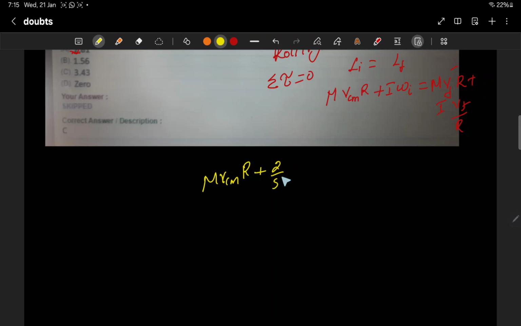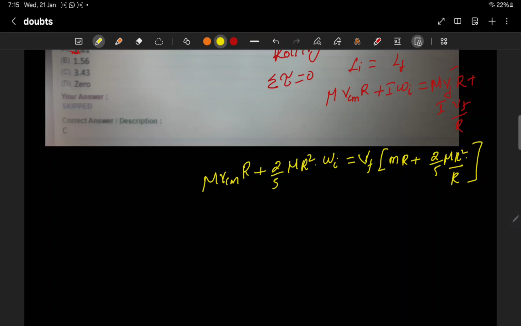So this is 2/5 m r squared into the initial angular velocity. Here vf can be taken out as common. What will we get? m into r plus, here also the same 2/5 m r squared into vf, taken out, divided by r. So this is what we will get.